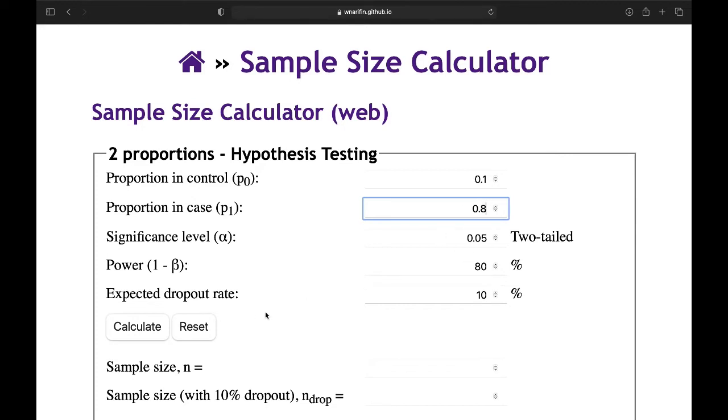Now I will again hit calculate button. It gives us sample size. This sample size is for each group. That is, to detect the difference of 80% and 10%, we will have to study samples of 7 patients each in invasive aspergillosis group and those without invasive aspergillosis group. It is too low.